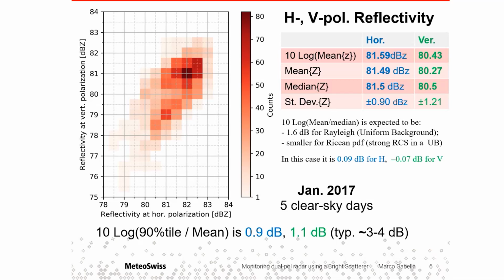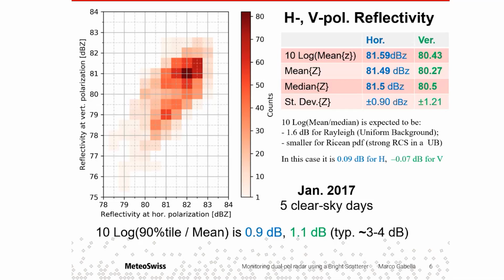And also you can see that for this bright scatterer, the standard deviation of reflectivity was relatively small, around 1 dB, both for horizontal and vertical polarization. Since the two polarizations are typically highly correlated for such a bright scatterer, with a correlation coefficient of the time series larger than 0.5, the standard deviation of ZDR is smaller than the minimum of the two.